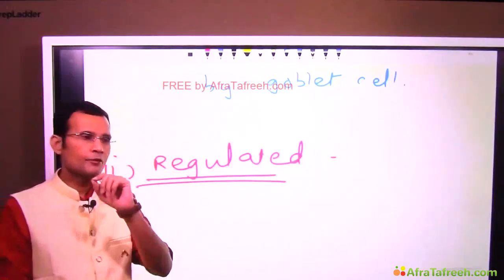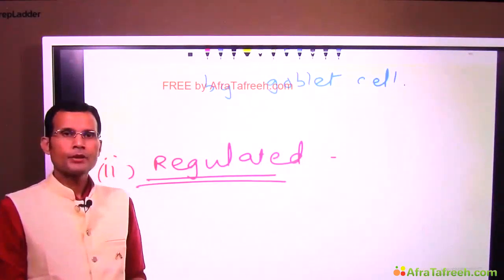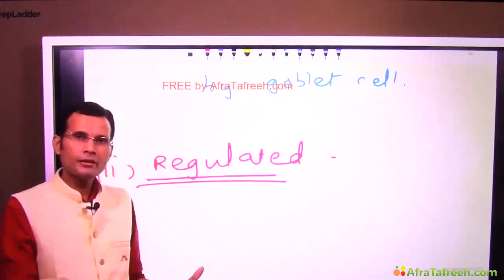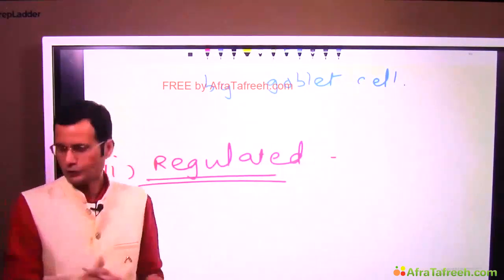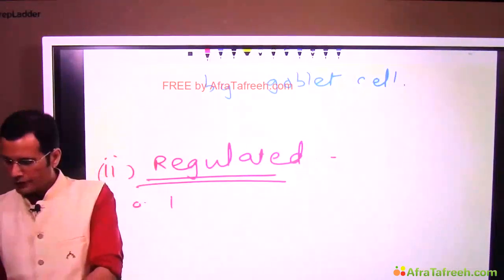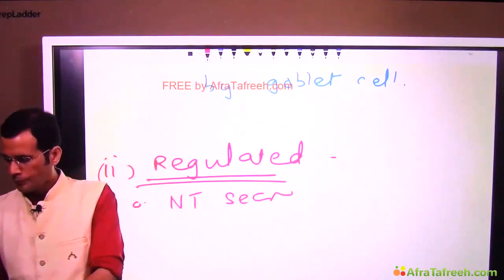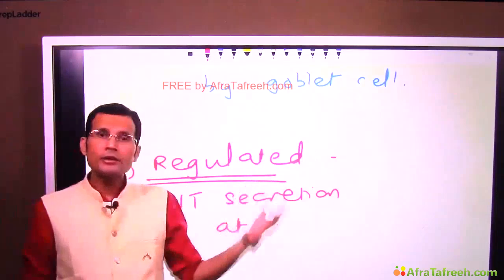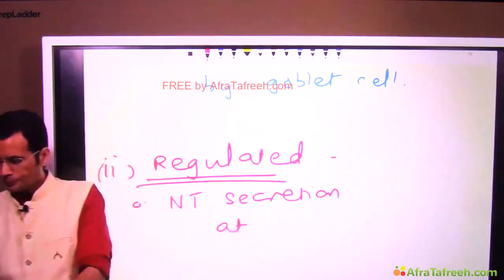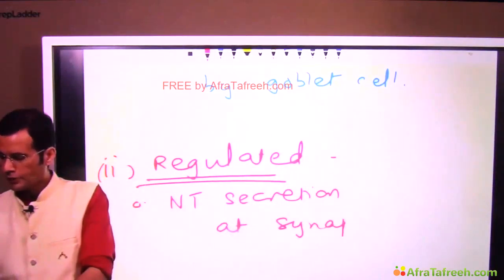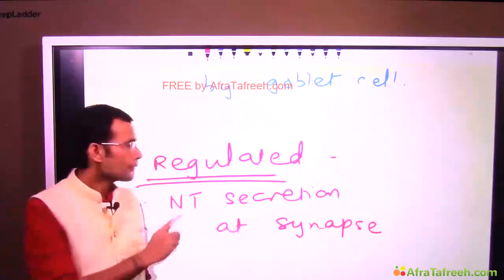There will be some kind of signal that will arrive, and under the influence of that signal, there would be exocytosis. Neurotransmitter secretion at the synapse, acetylcholine secretion at the neuromuscular junction. These are all examples of regulated exocytosis.